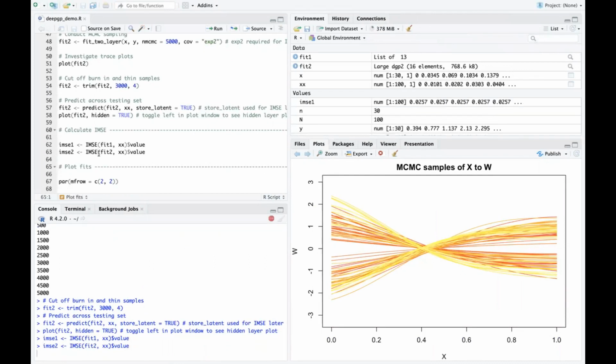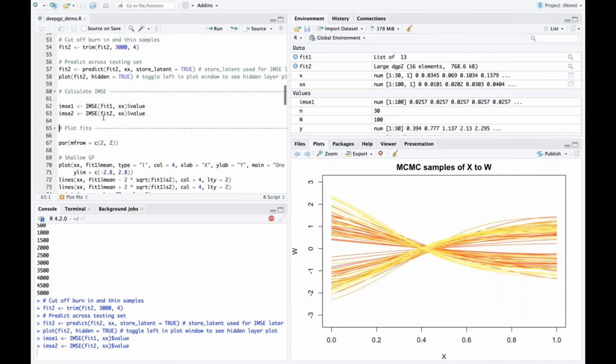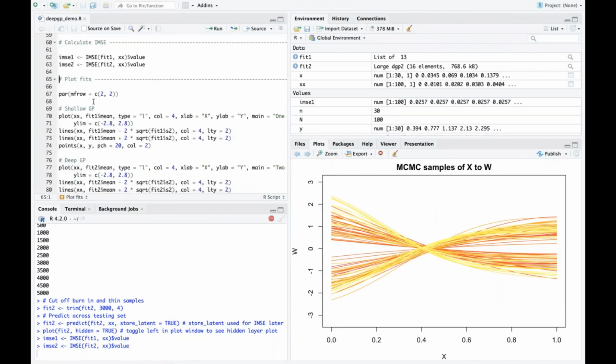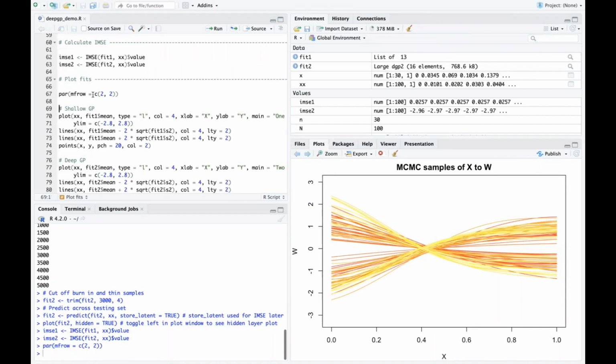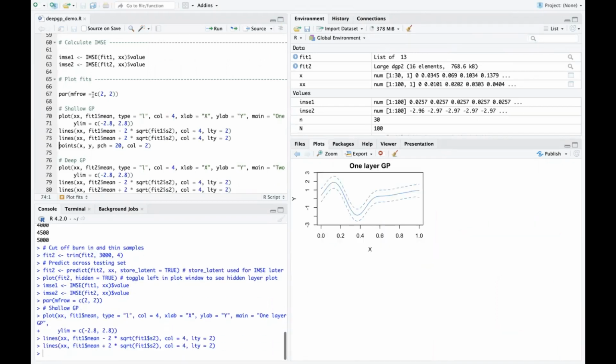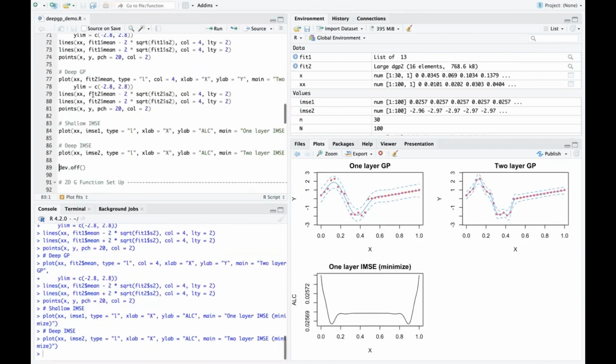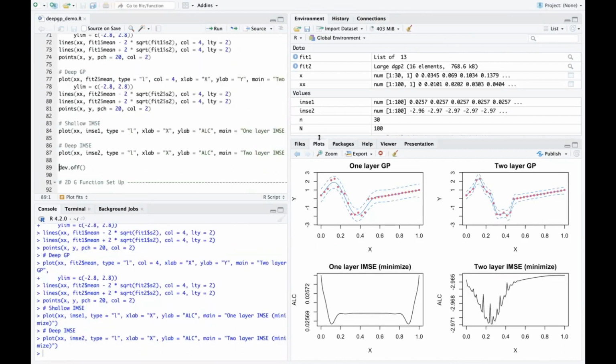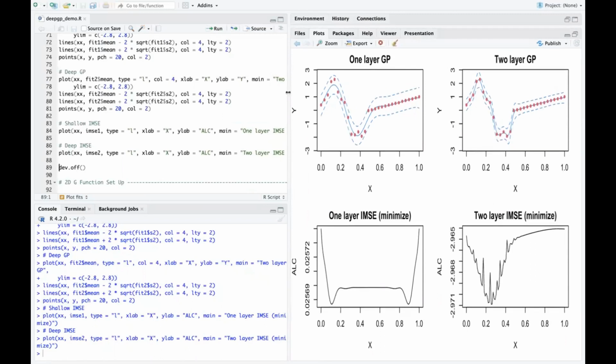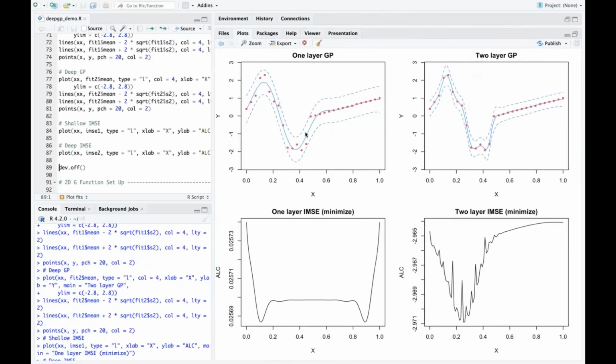Okay, and then I can make the plots. I better start pasting the plotting code here. Maybe I can make this a little bigger so it's easier to see.